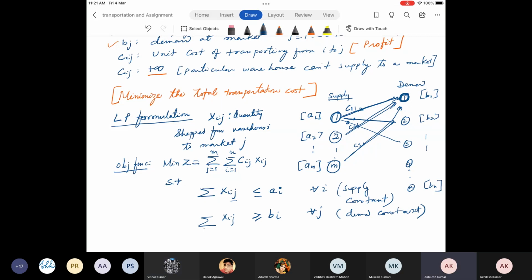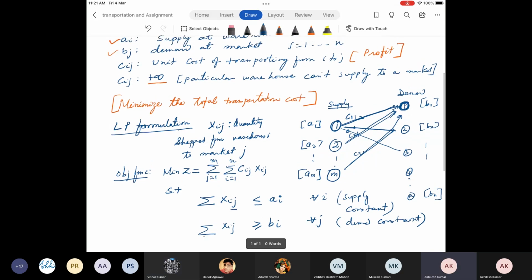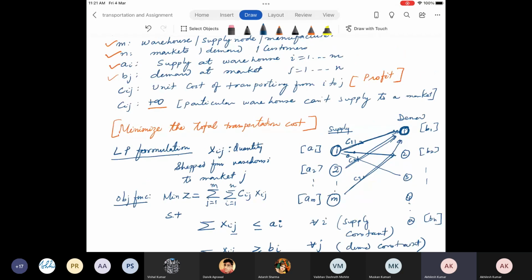Okay, let's start again. So I'm looking at I and J. In Xij, we have defined I as the warehouse. So everything coming out of this should sum up to less than or equal to Ai.